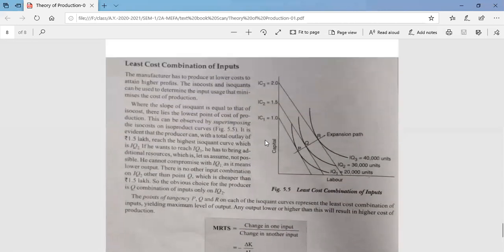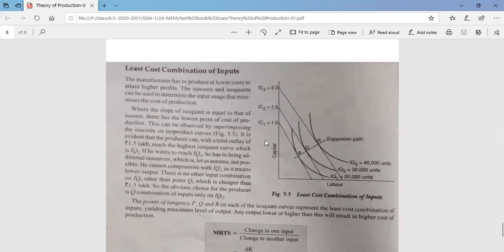Then we have the last concept called least cost combination of inputs. What does this least cost combination of inputs mean? First we have seen ISO quants, that is to produce the same quantity of output, what are the different combinations of inputs. And in the next we have seen I want my capital, that means the cost, as constant, and I want to produce the output.